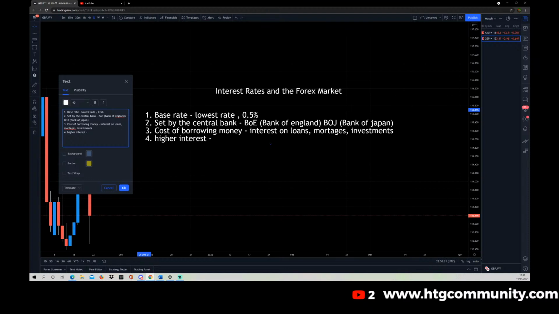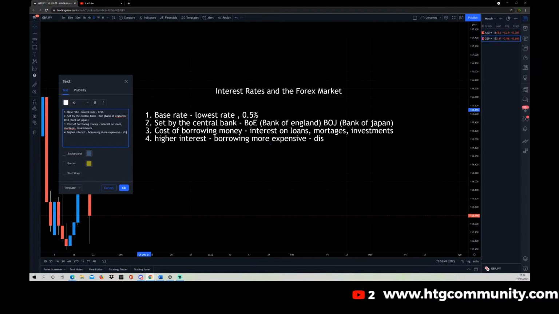Well, what does that mean? Like we said, it makes borrowing more expensive, right? So if we're trying to make borrowing more expensive, that basically means you're trying to disincentivize borrowing. And what is borrowing? It's a form of investment, really, because you're having to pay back money, right?